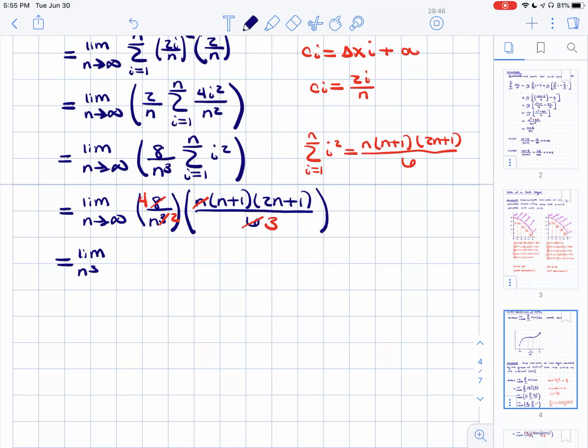The limit as n approaches infinity of 4 over 3n squared. Okay, now all of this we just need to FOIL out. That would be 2n squared plus 3n plus 1.